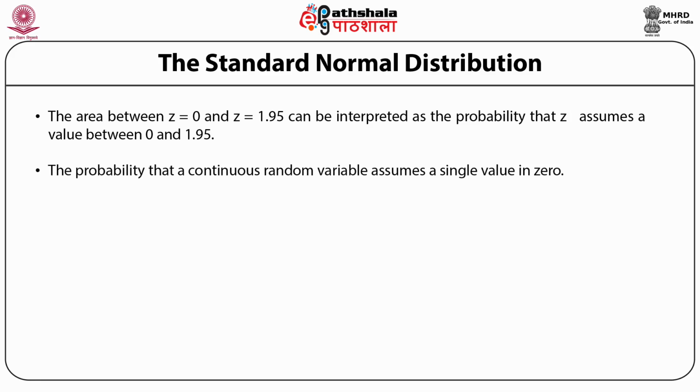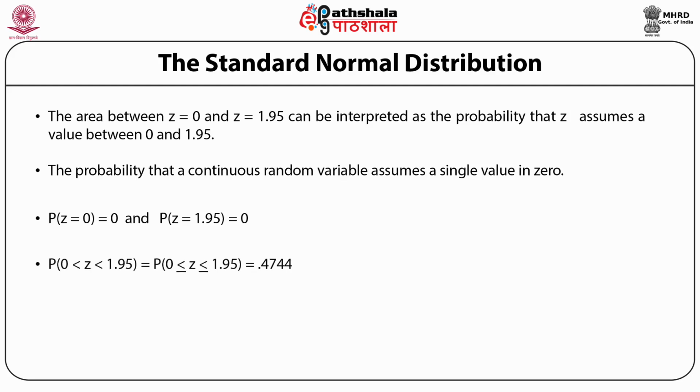The probability that a continuous random variable assumes a single value is 0. Always remember. So the probability that z takes the value 0 and the probability that z takes the value 1.95 is always 0. And hence the probability that z lies between 0 and 1.95 is equal to the probability that 0 is less than or equal to z less than or equal to 1.95, which is 0.4744.